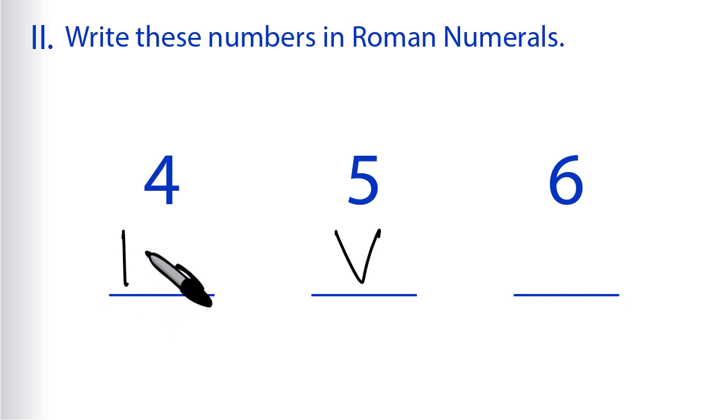So if we put I before the V, so IV, that means we have 1 less than 5, and 1 less than 5 is 4.